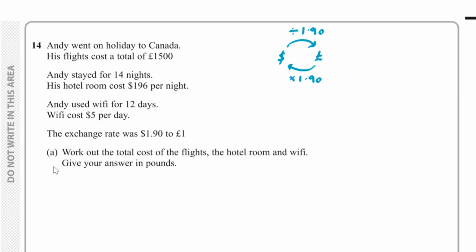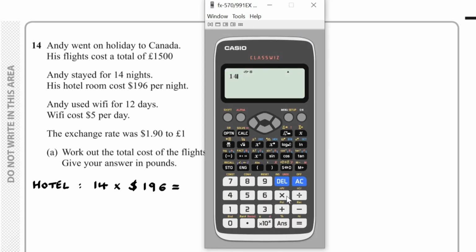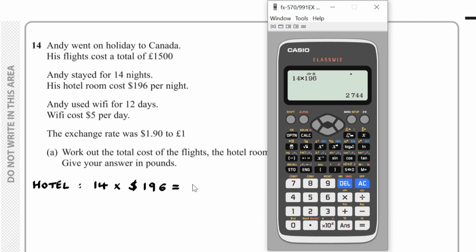So if we take a look at the hotel, we know that the hotel cost $196 per night, and we're staying for 14 nights. So 14 times $196, if we work out what this is, we end up with $2,744.